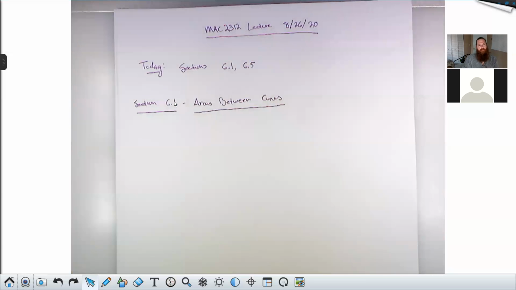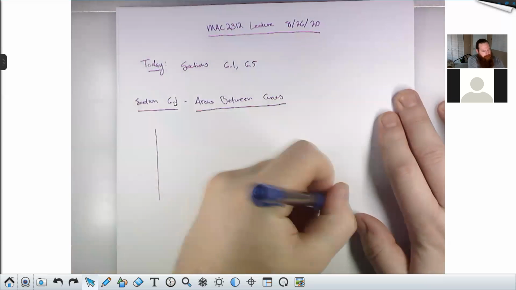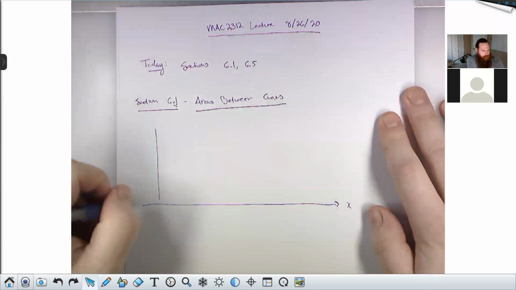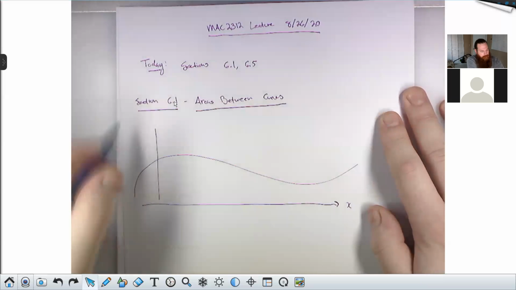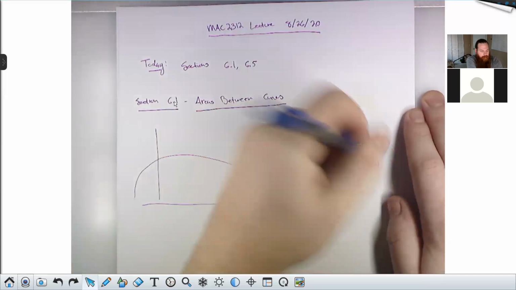So first we're going to cover section 6.1, which is areas between curves. The basic idea is this. Maybe you have one function here, we'll call it f of x.